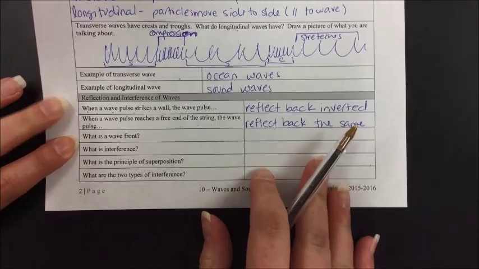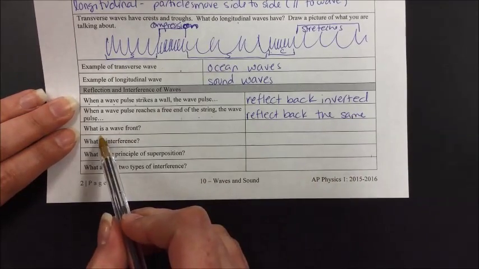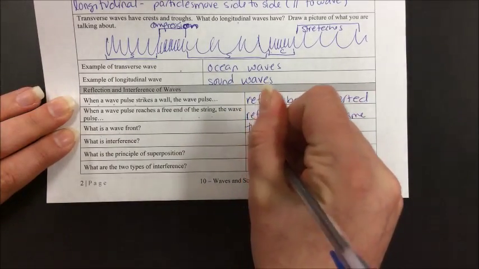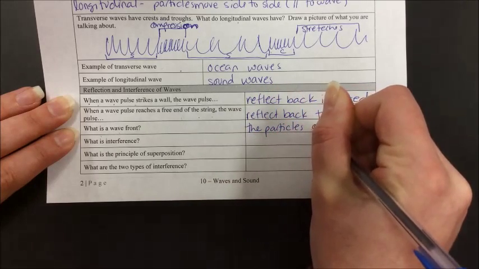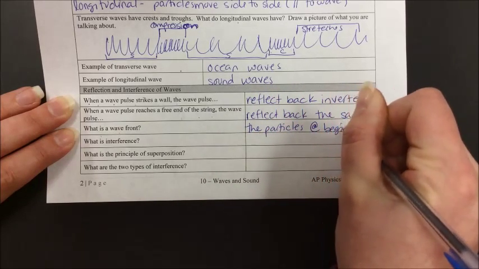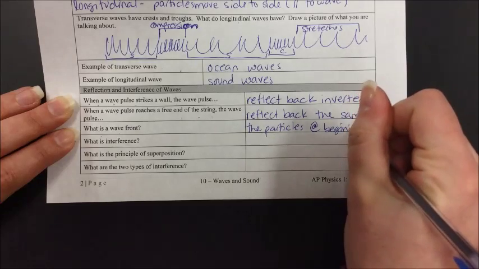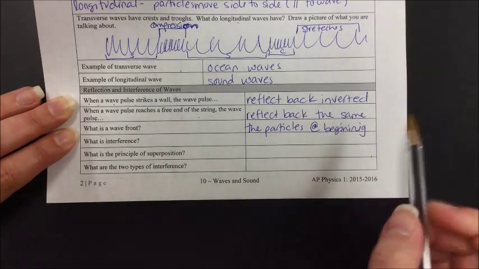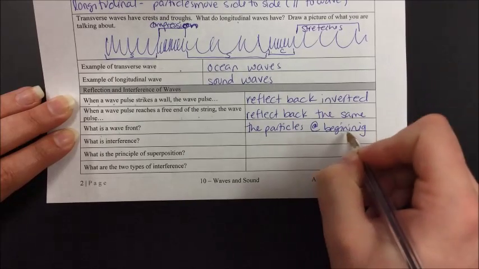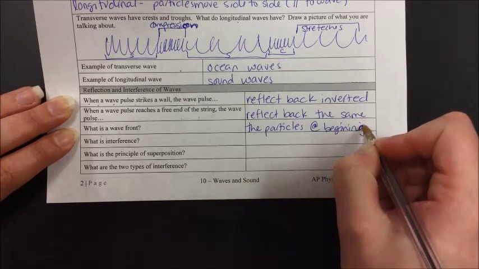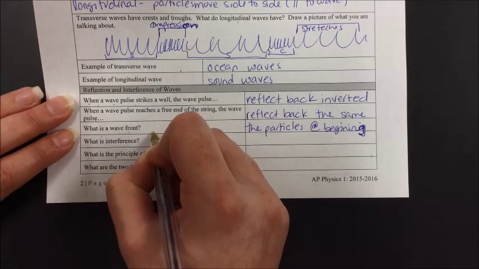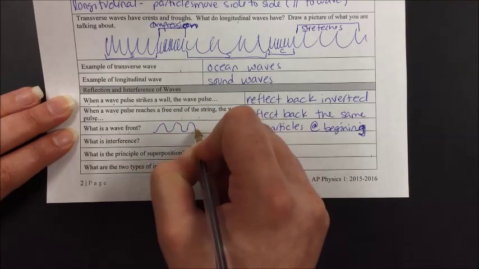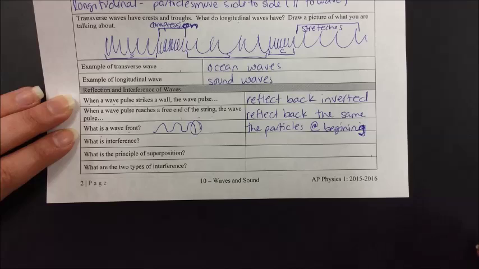The wave front, this is some vocabulary that we're going to use, is the particles at the beginning of the wave. So if we have our wave going like this, this is going to be the wave front, the particles at the beginning.